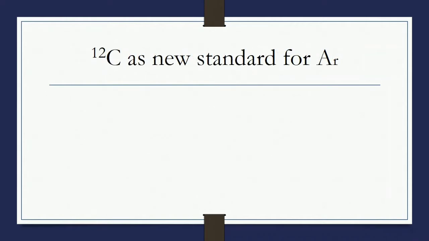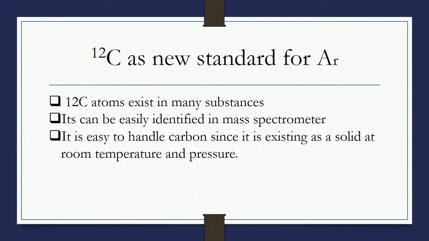So eventually in 1961, carbon-12 was used as the new standard to find the relative atomic mass. Because carbon-12 is abundant in nature, it can be easily identified in the mass spectrometer, and carbon can exist as a solid at room temperature and pressure.